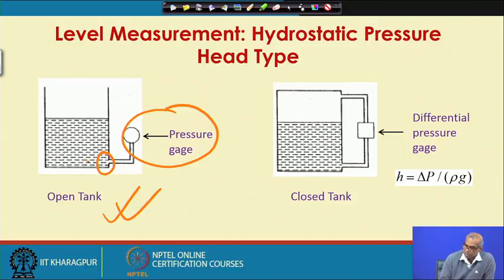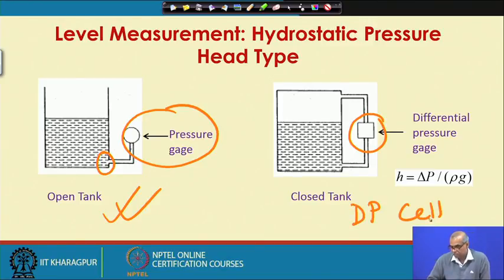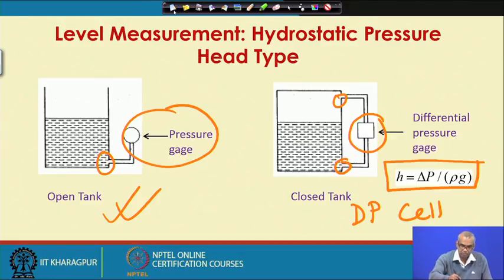I can also measure differential pressure using a differential pressure gauge such as a DP cell, by taking a pressure point here and a pressure point there and using h equal to delta P by rho g. So, it is possible to measure liquid level using hydrostatic pressure head types for both open tank as well as closed tank.